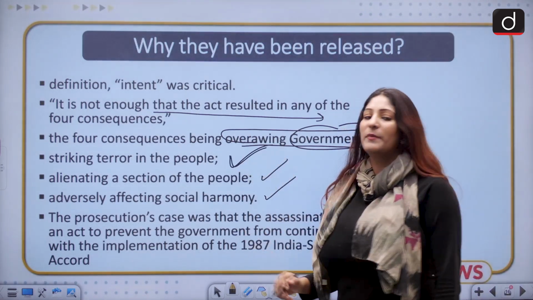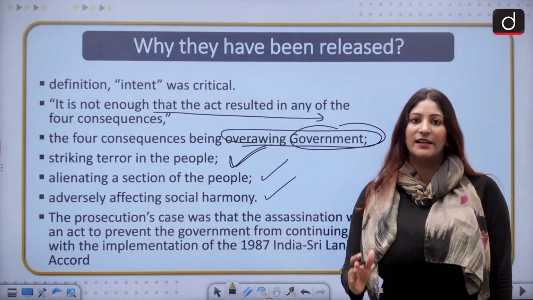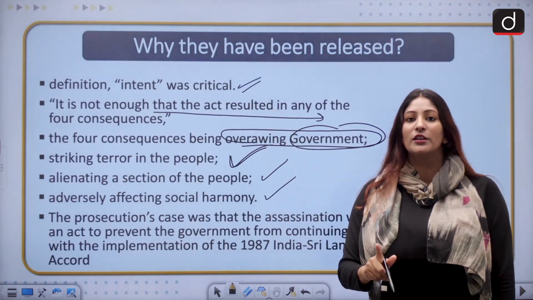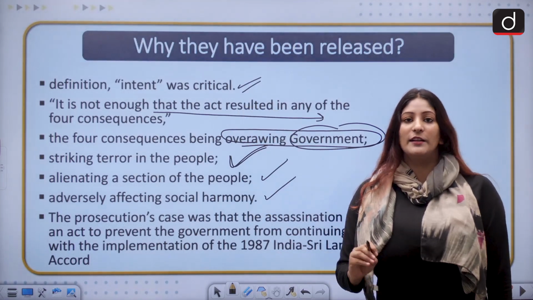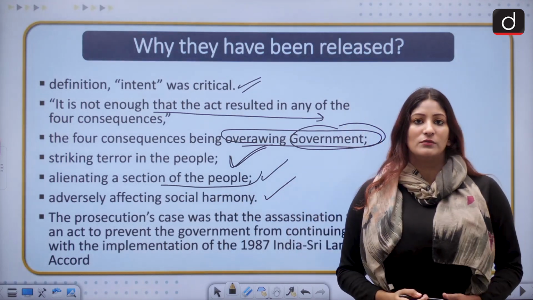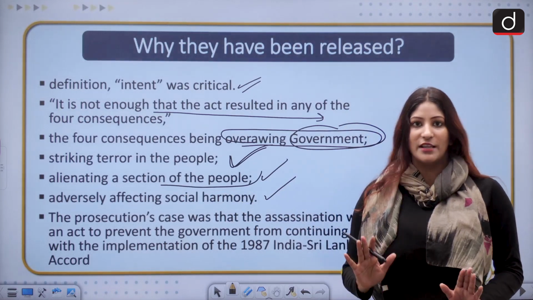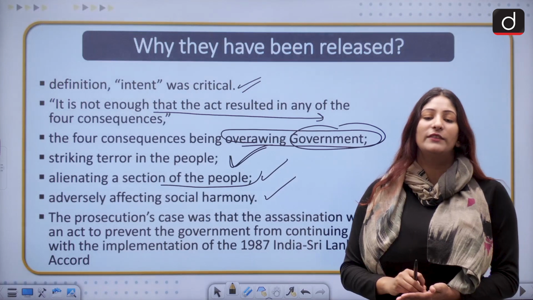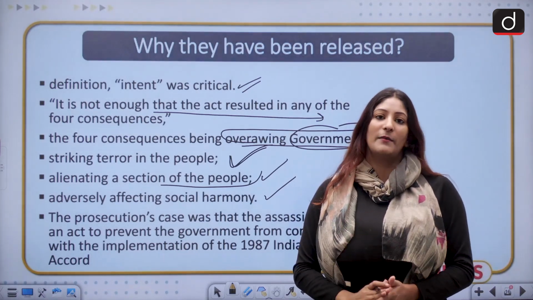He was in the opposition and under the campaign process when he was assassinated. Striking terror in the hearts of the people? Although policemen were killed, certain people were killed, the intent here was not to strike terror in the hearts of the people, but to eliminate Rajiv Gandhi. Also, alienating a section of the people? No. According to the court, I am not saying all this, it was not the intent of the LTTE to destroy the social harmony.